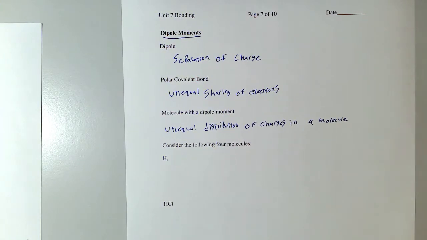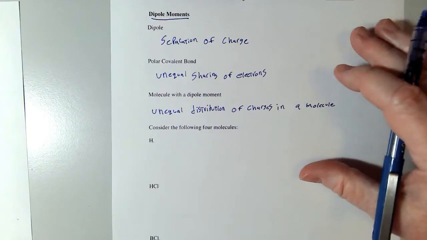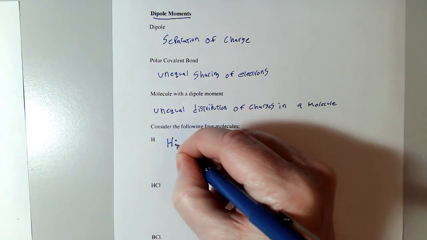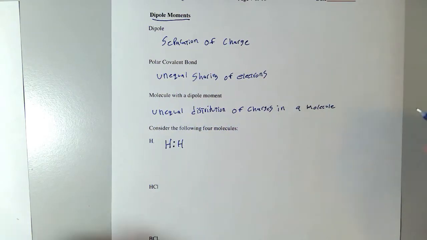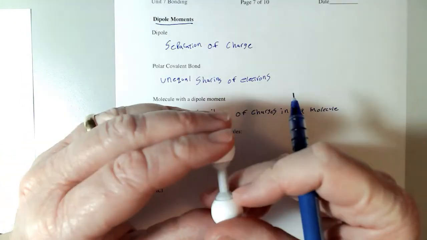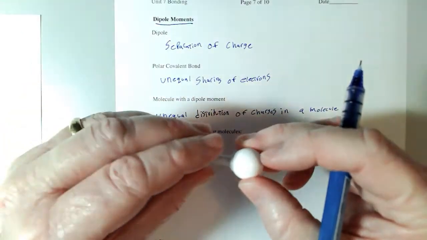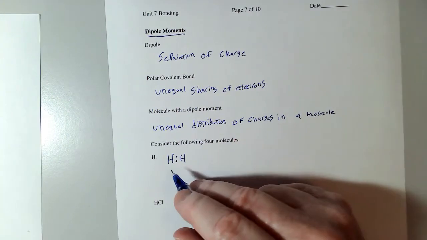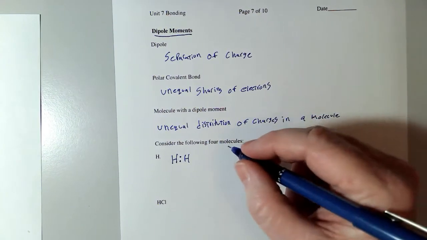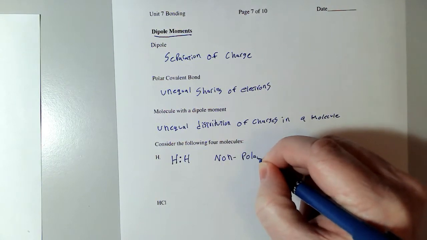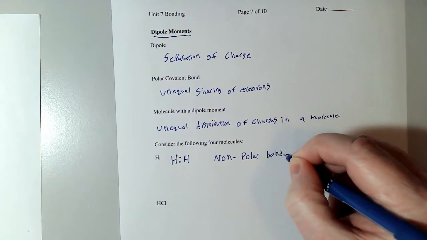Now, we have to look at several different examples here to understand it. The first is the H2 molecule, which has a Lewis structure that looks like that. It is a perfectly symmetric diatomic molecule. I can't tell the difference when I turn it around. Since both hydrogens have the same electronegativity, this is a non-polar bond.